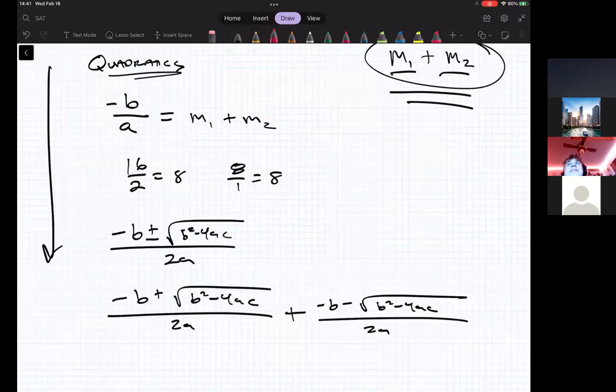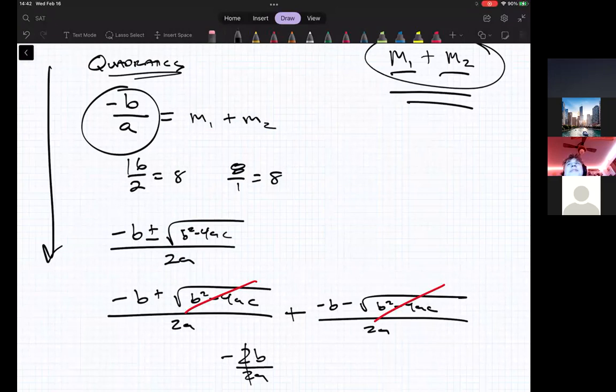And what happens? These cancel, these cancel. What am I left with? Negative 2b over 2a. The 2's cancel. You're left with opposite of b over a every single time, okay? That's a nice little hack, and it specifically works for quadratics.